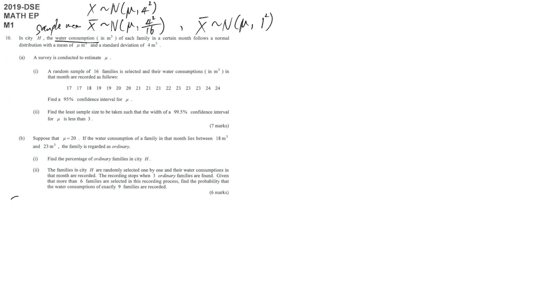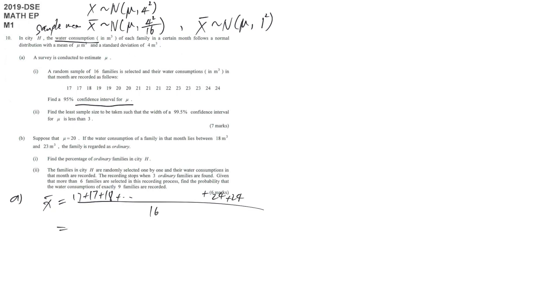When we construct the confidence interval for mu, we need a starting point, and we use the sample mean as our starting point. We just add all the data together and then divide by the number of data, 16.